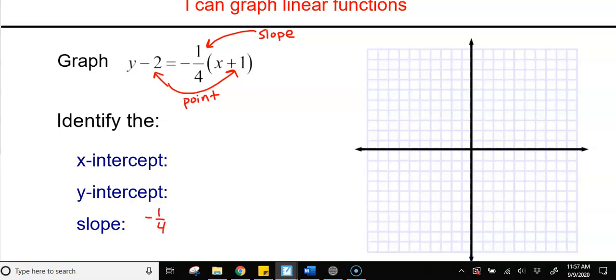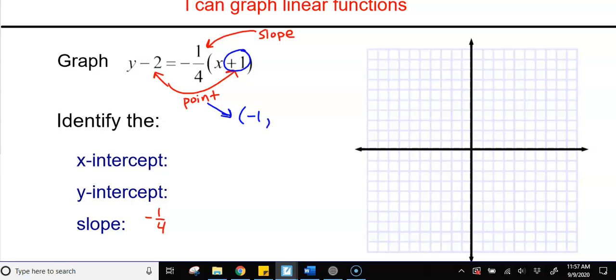What we do need to do, though, is we need to identify that point. So this, again, our point, we want to use the opposite of what we see. So for our x value, we want to use the opposite of positive 1, which is obviously negative 1.